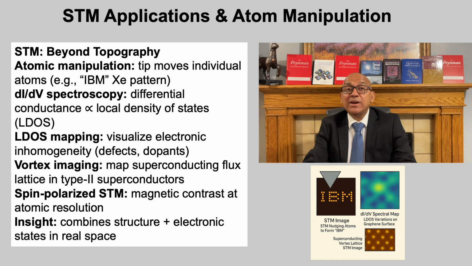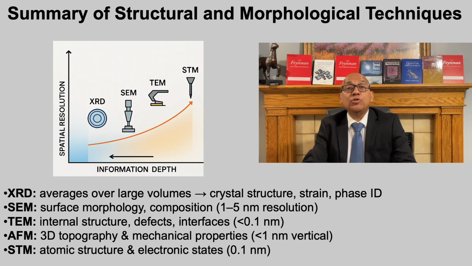In superconducting materials, STM can visualize the vortex lattice that forms under magnetic fields, while spin-polarized STM, SPSTM, uses magnetic tips to resolve spin textures and magnetic domains atom by atom. Altogether, these advanced STM modes unify structural, electronic, and magnetic characterization, a capability unmatched by any other microscopy technique.